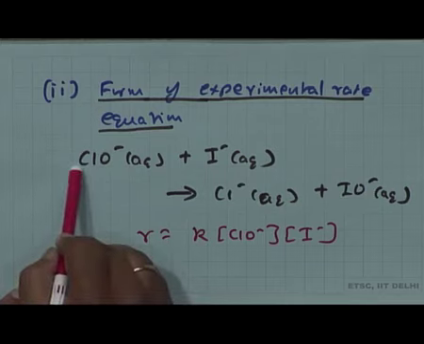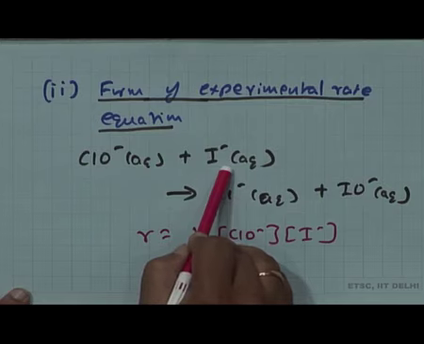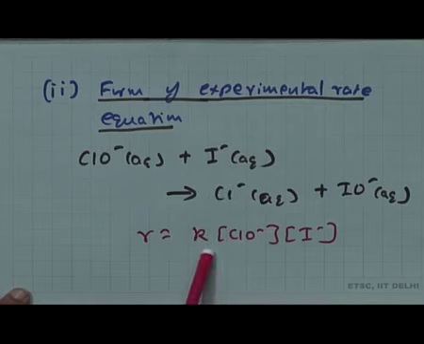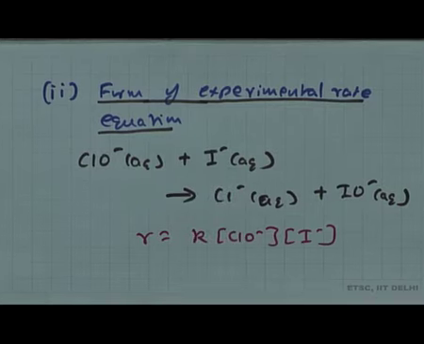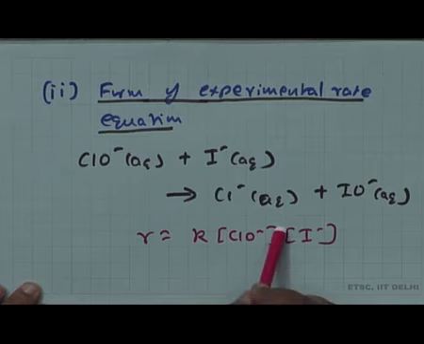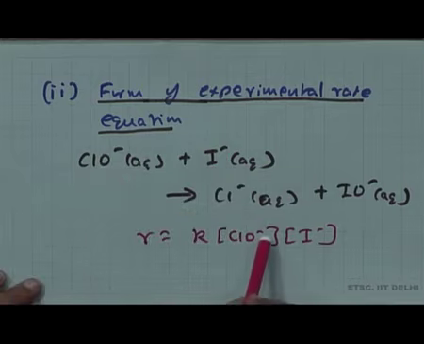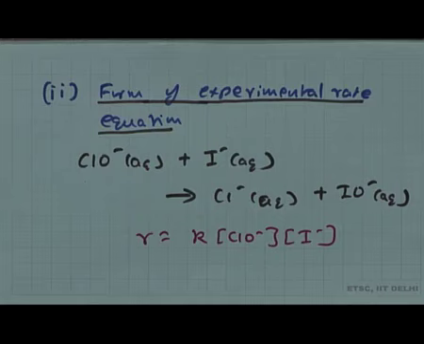Also look at the molecularity: one molecule of ClO⁻, one molecule of iodide. So the overall molecularity, 1 plus 1, which is 1 of ClO⁻ and 1 of I⁻, is equal to the overall order, which is 1 plus 1 equal to 2.